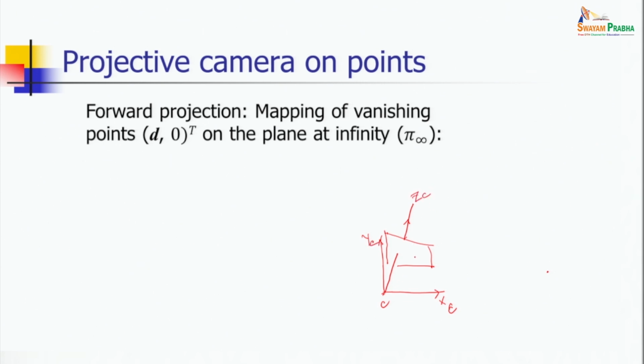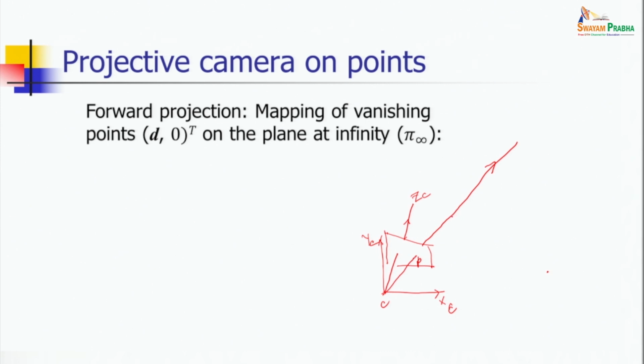Now you consider any particular image point, say P. If I draw the line from the camera center to P and extend it, I will get the respective ray, a three-dimensional line passing through the camera and the image point.